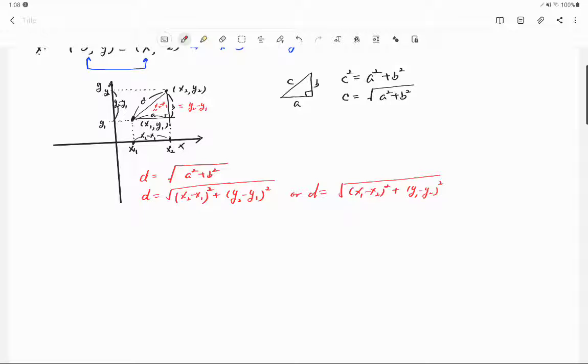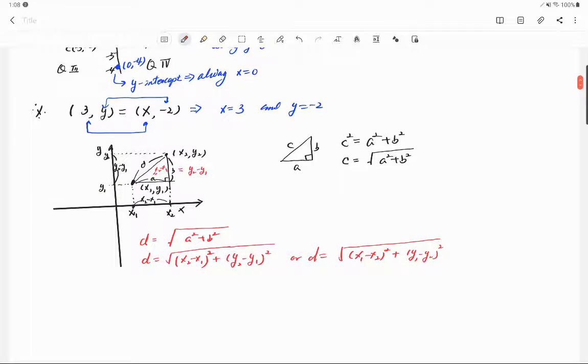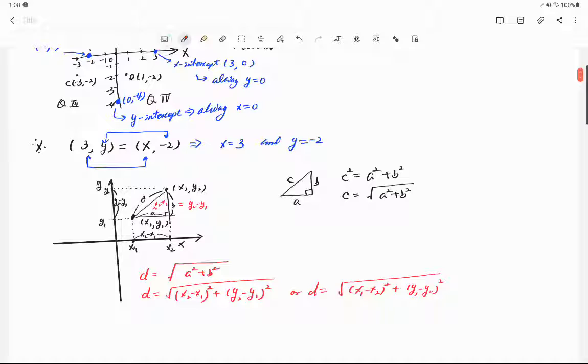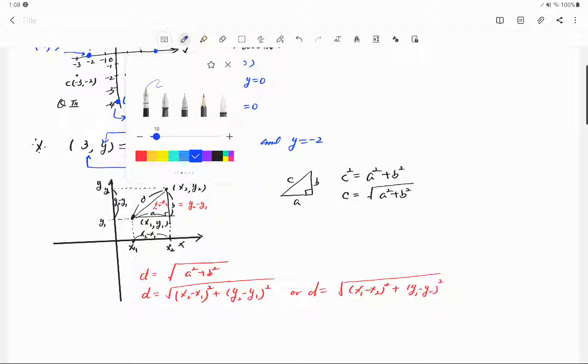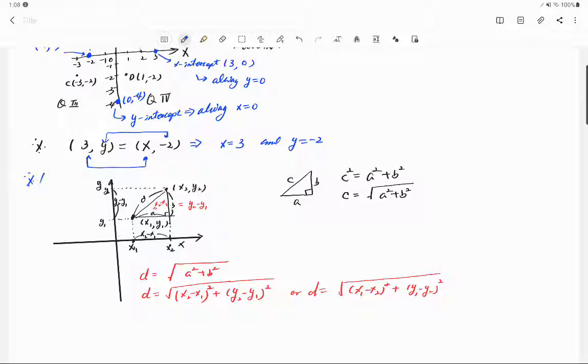Then how about the midpoint? Let me write the distance. So we can rewrite it. Find the distance between 2 points. So that's the formula.